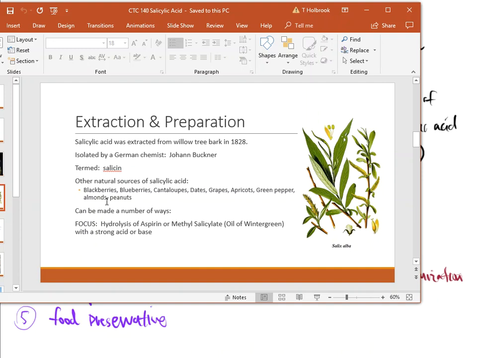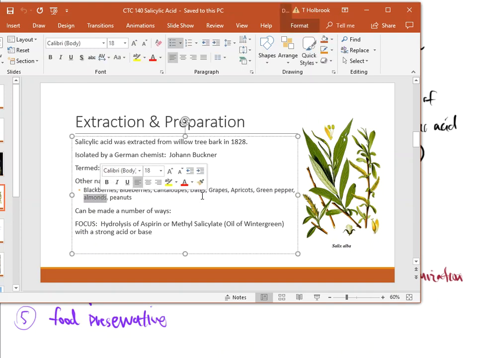Very often you might see an almond face mask or an apricot face mask, things made out of cantaloupes or blackberries. Not only do they smell good, and not only do people associate being natural with the face creams if they put those on the label, but they also have natural sources of salicylic acid, and that's what makes those products work.